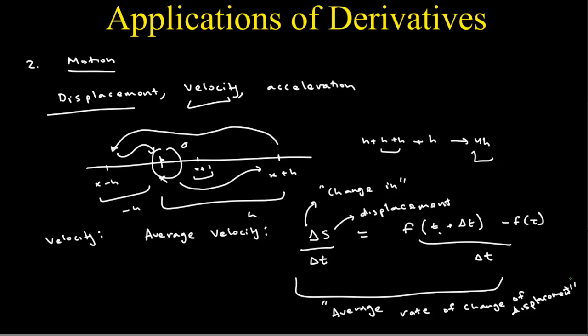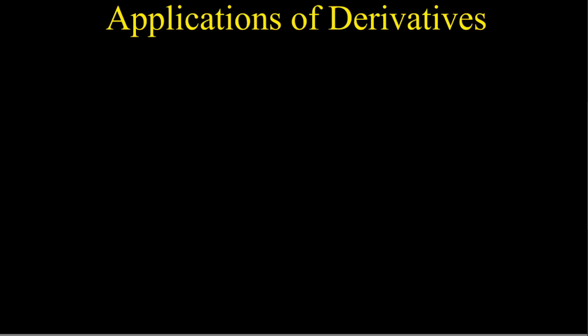Now, what if we want to find out our velocity at an exact point? Hopefully you can see what I'm trying to imply here. Let me move to a new page. From previously, we had defined average velocity as delta s over delta t, which is equal to f of t plus delta t minus f of t, divided by delta t.